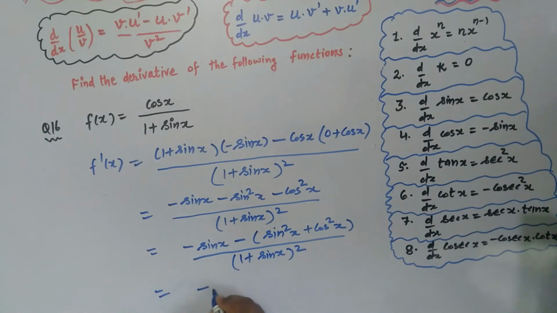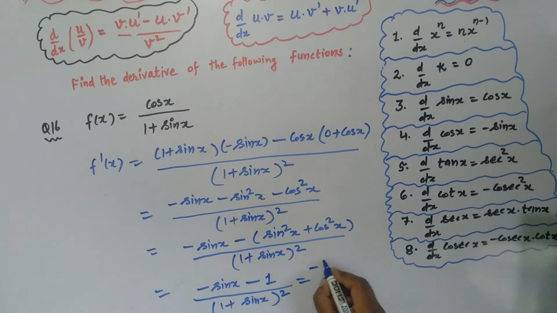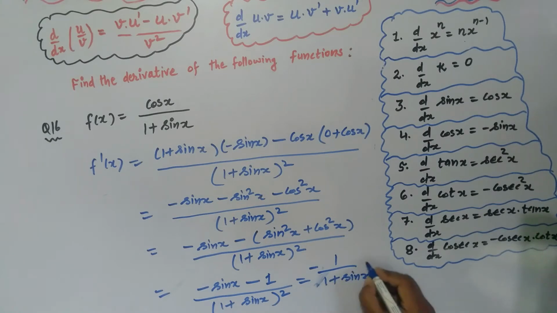So finally minus, this sin square theta plus cos square theta is 1, divided by (1 plus sin x) whole square. Again we take minus common, so we have 1 plus sin x in the denominator. This is also the same, so we cancel, so minus 1 upon 1 plus sin x is the final answer to this question.